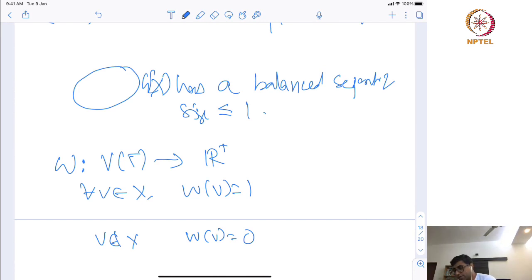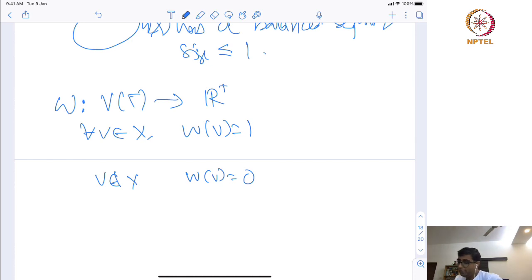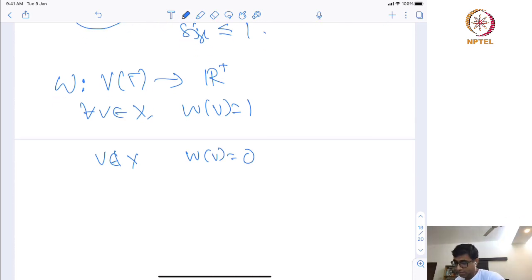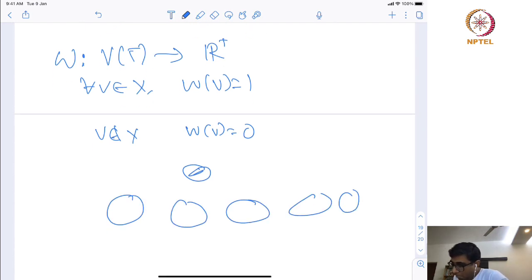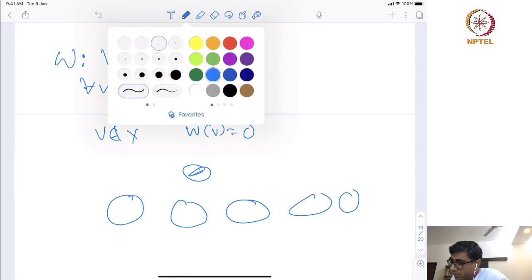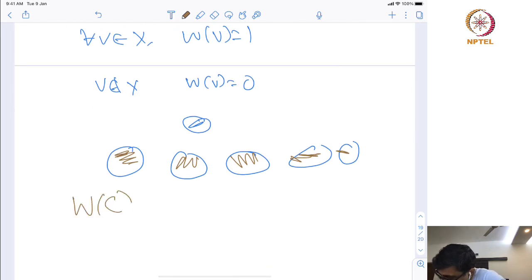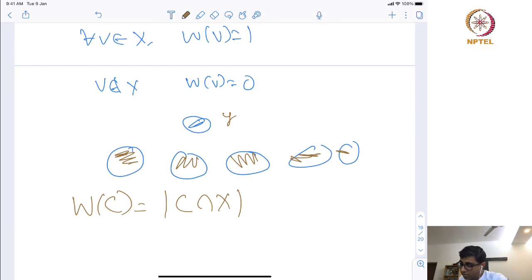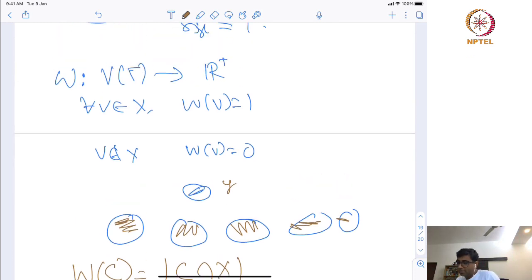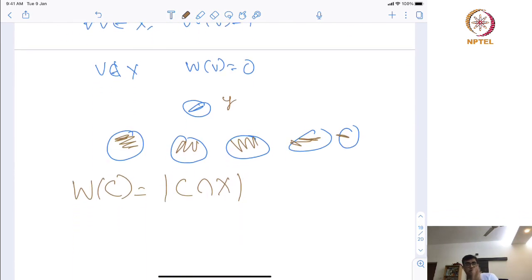So notice what happens. If we are able to find a vertex v, and now look at the component, what is the weight of this component? It is nothing but C intersection X, because those are the only vertices which have some weight.